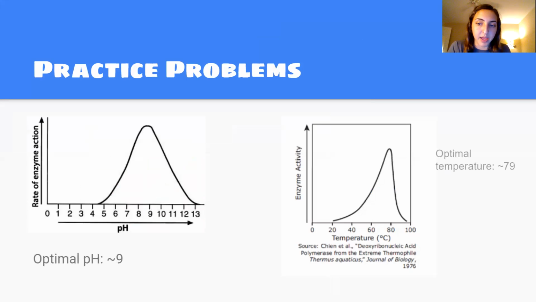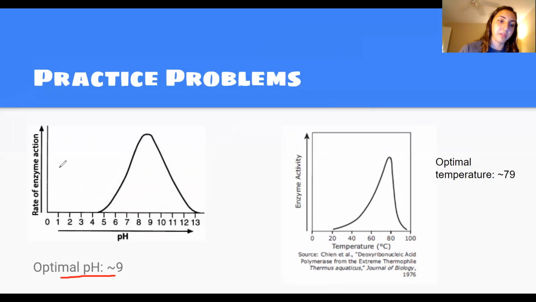For example, we have two graphs. Let me grab my annotation and use red. Here it says the optimal pH of this enzyme reaction is around 9. This is when the rate of the enzyme reaction occurs the fastest.